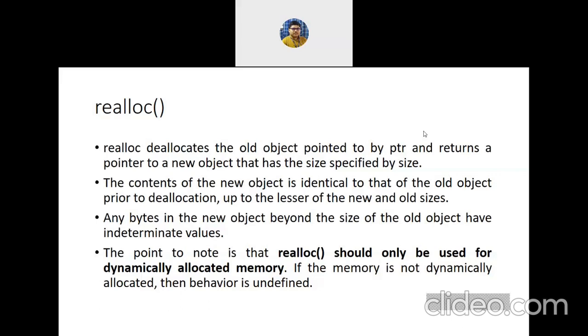So what will you do? Again, you have to allocate memory for those more integers. Suppose you require 2 more integers. You have allocated memory for 5 integers. After some point of time, you require 2 more integers. What will you do? You can allocate memory for those 2 integers by using Calloc or Malloc function once again.